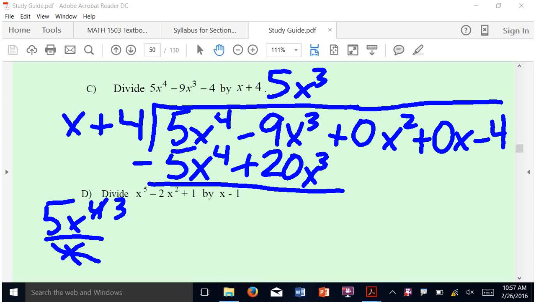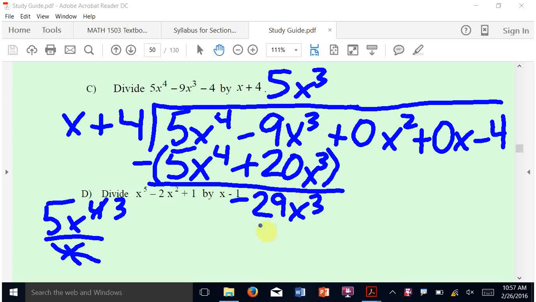The third step is to subtract. We want to subtract this whole quantity, so this negative applies to both terms. Okay, so these guys will cancel out. And then you'll have negative 9x cubed minus 20x cubed, which is negative 29x cubed.